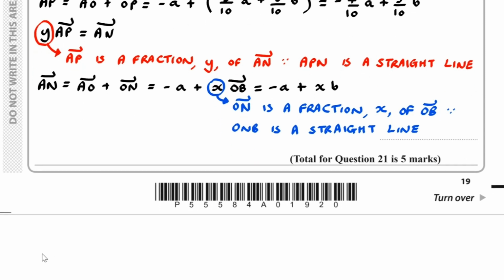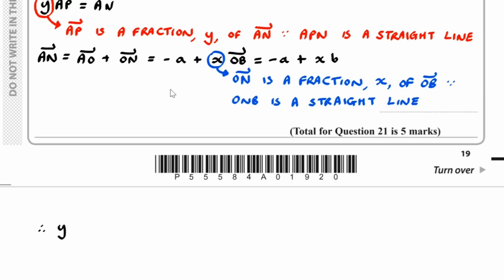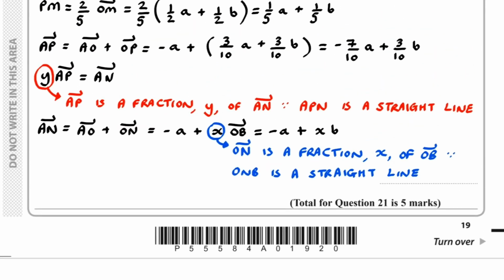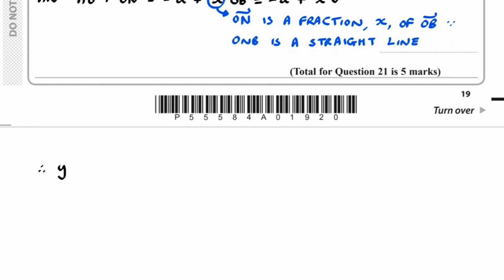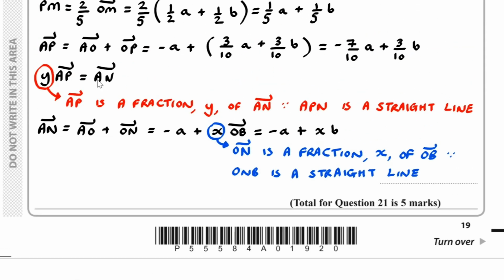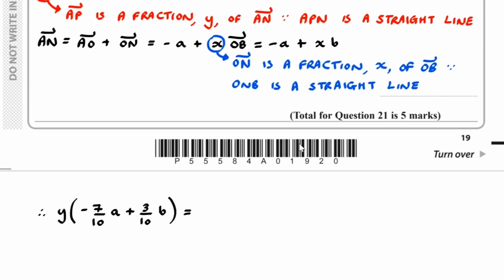What I can therefore conclude is y times by the vector AP, and the vector AP is minus 7/10 A plus 3/10 B, so we're using that idea given, will equal the vector AN, which is minus A plus x times by B.